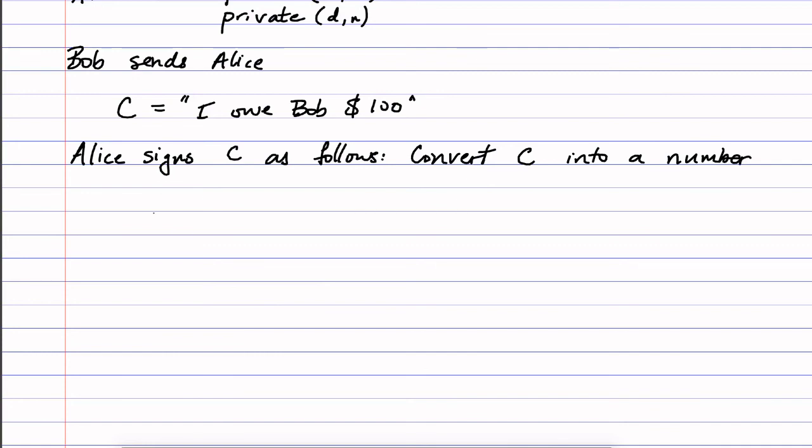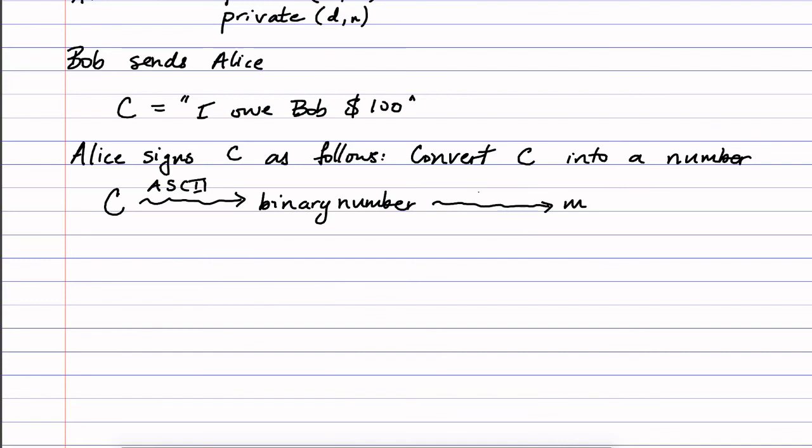One way that we could do it so that from the number you can still recover the original contract would be to take C and do some sort of ASCII conversion into a giant binary number. Then once you have this giant binary number, you're just going to call it M, and you can think of it as being a number in decimal now.